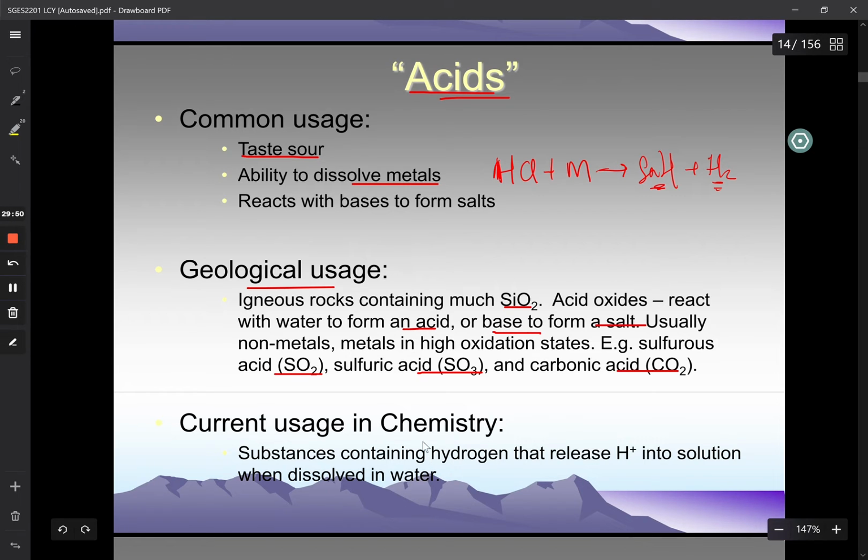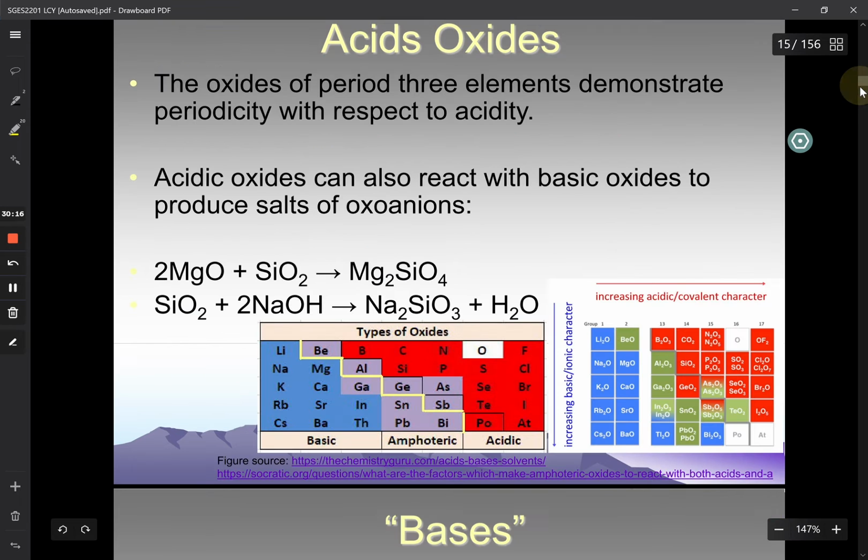And then current usage in chemistry: an acid is a substance containing hydrogen that releases hydrogen ions into a solution when dissolved in water. So it's any chemical that is able to release hydrogen ions into solution when dissolved in water. For example, acid oxides.